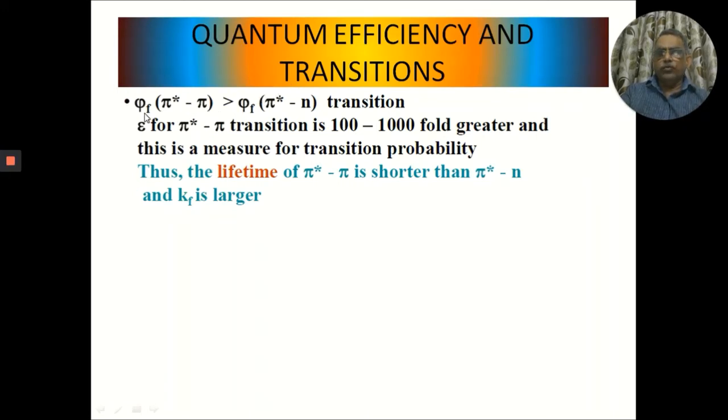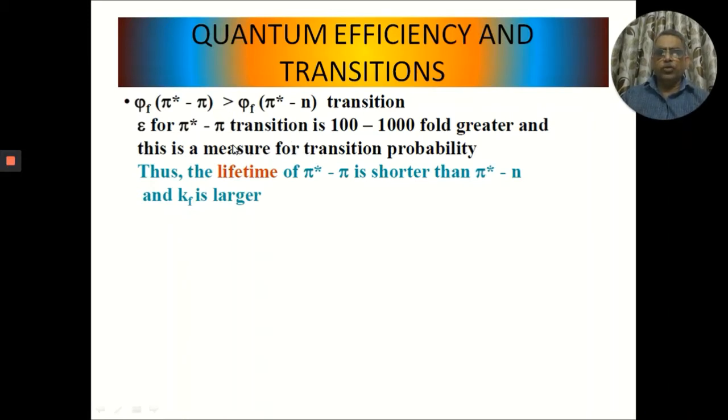Now, we also should realize that the molar extinction coefficient of the pi star to pi, or otherwise pi to pi star transitions, is almost 100-fold to 1,000-fold higher than the n to pi star transition. This is basically due to the transition probability.